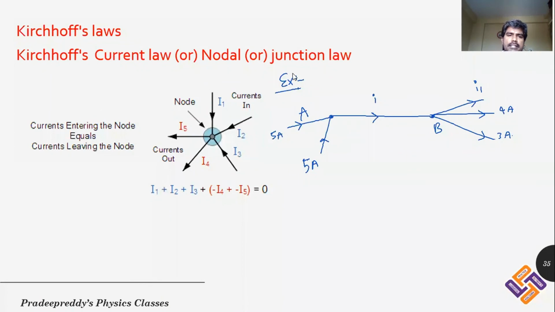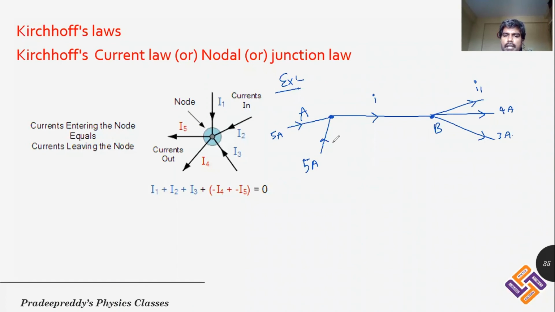Let me take one example concerned with Kirchhoff current law. See here, point A is a node and B is a node. At point A, there are 2 currents coming: 5 ampere is the current coming towards A, and another 5 ampere is coming from the other path. So totally, how much current is entering here?